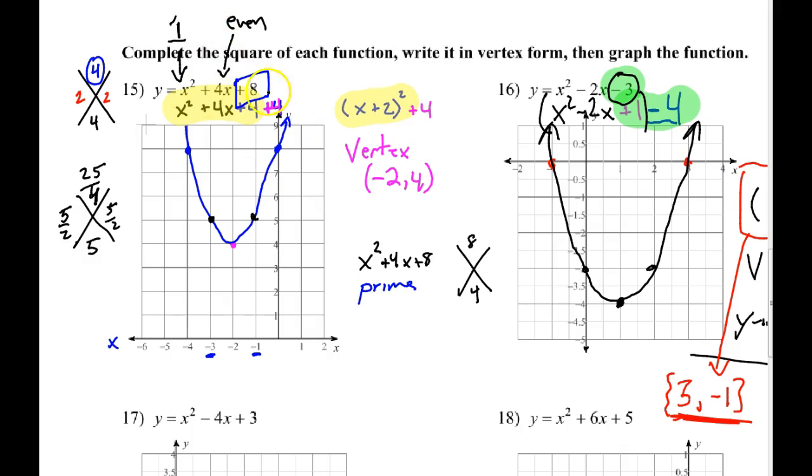So just know that it will get a little more complicated than this when we put in some odd values right here, and when these are something other than 1. So we're just starting at the very basics, but once you get this down, there's just a few little things you have to change. All right, so have that finished when you come into class tomorrow, and have a good day.